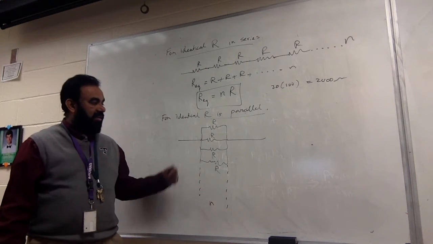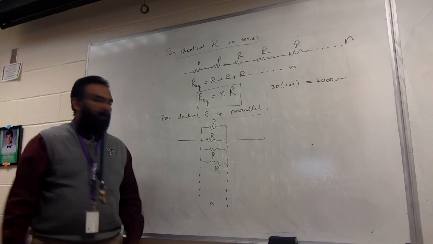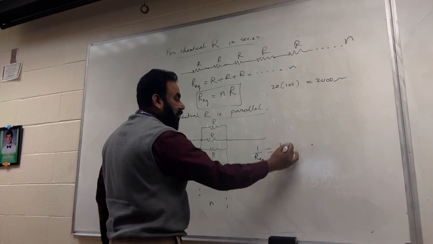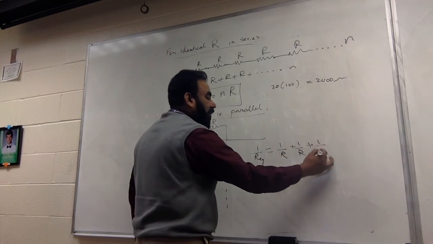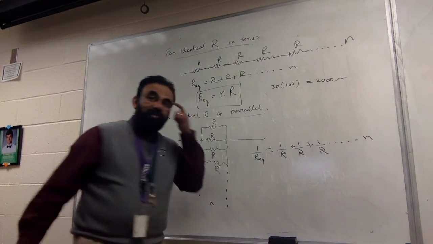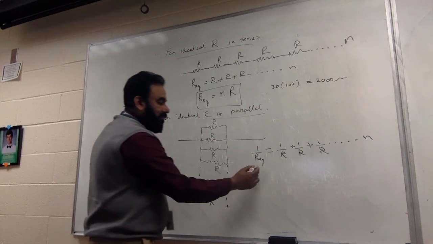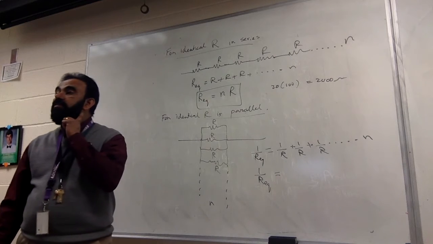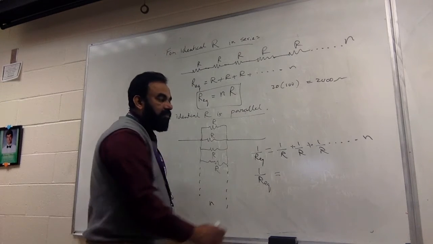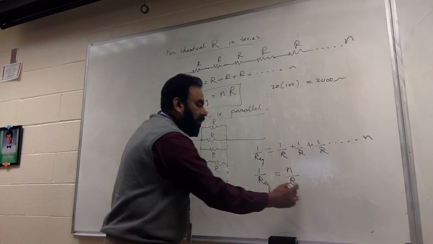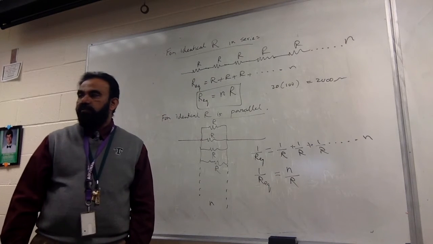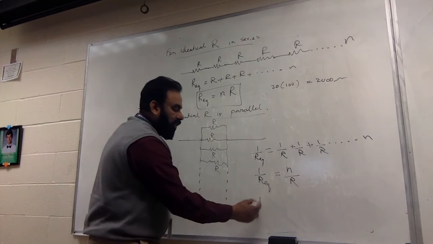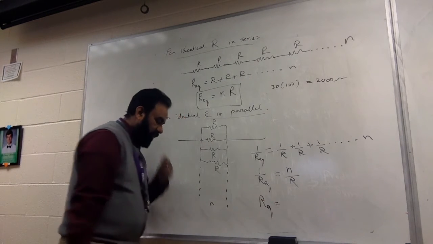If I have a ladder of identical resistors, how do you write it? 1 over R equivalent is equal to 1 over r plus 1 over r plus 1 over r, goes on n terms. What is that going to be? n over r, because there are n of them. So therefore R equivalent is equal to R over N.